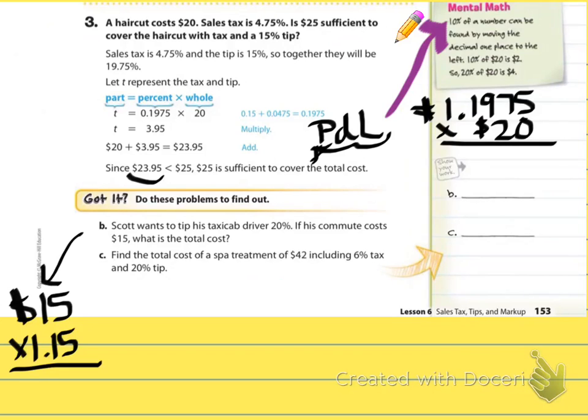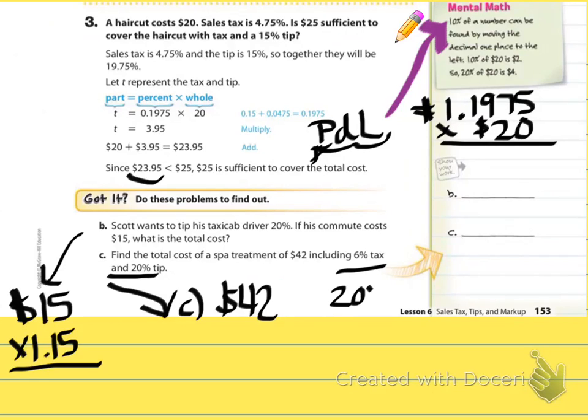I'll pause in just a minute after I show the work for letter C, and I'll put both of those into the calculator and come back with the answers. Now for C, you're trying to find the total cost of a spa treatment, which is $42. And you need to include sales tax and a 20% tip.